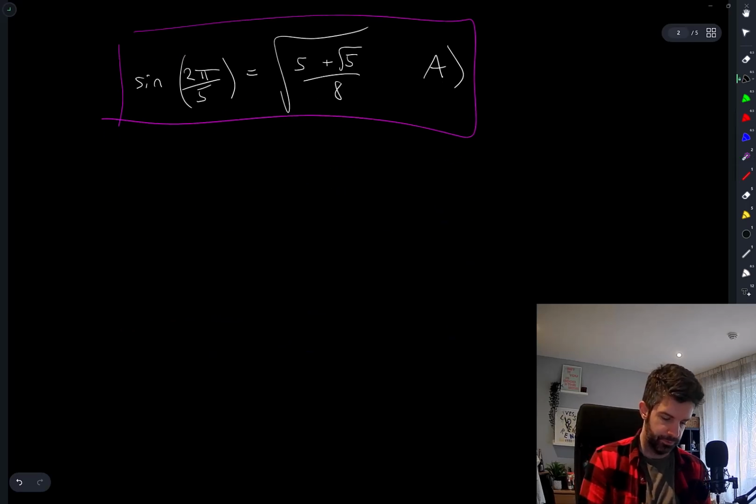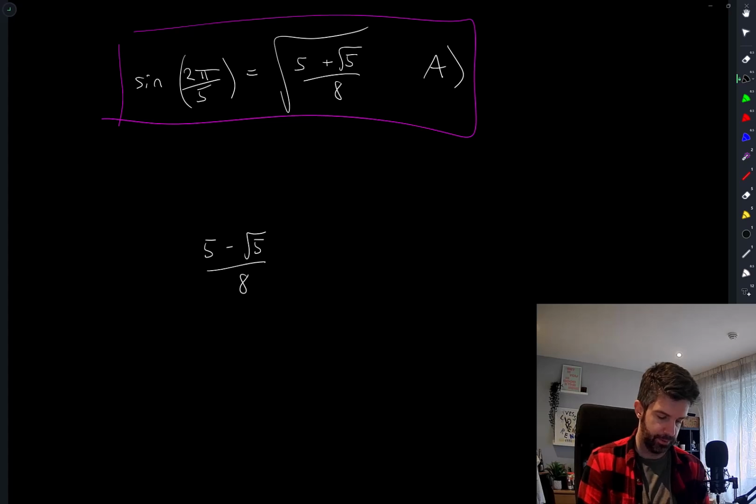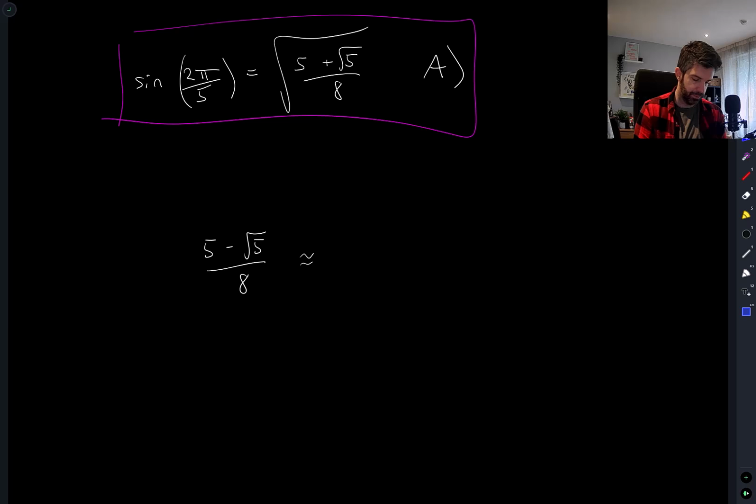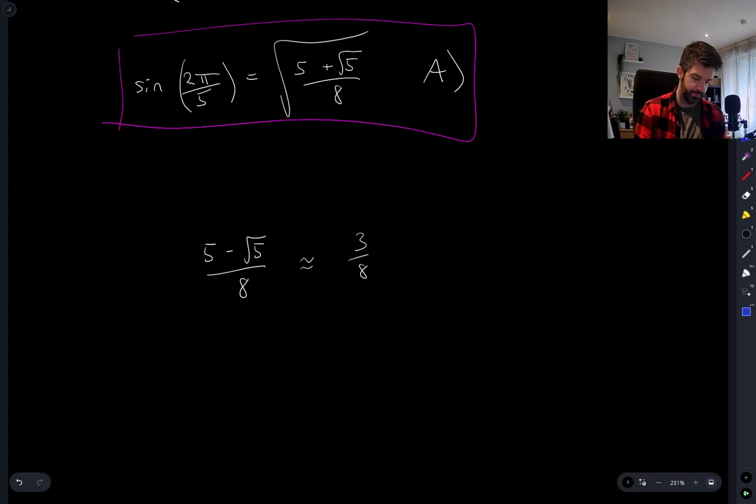The other root, 5 minus root 5 over 8. Root 5 is pretty close to 2. So that's about 3 over 8. It's in fact less than 3 over 8. Let's say less than 3 over 8.